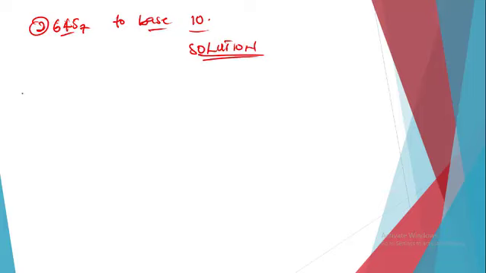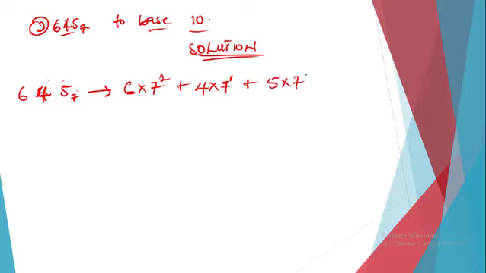So we have our numbers to be 6, 4, 5 base 7, and then this will give us 6 times 7 raised to power 2, plus the next one is 4 times our base, which is 7, raised to power 1, plus the last number, which is 5 times 7 raised to power 0.